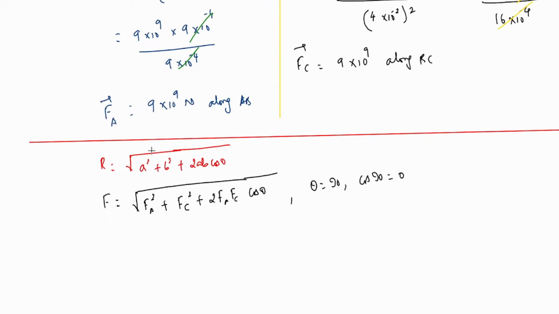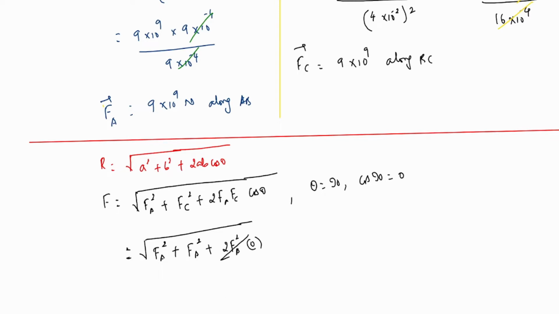And also recall that the values of FA and FC are the same in magnitude. So you can write this as any one value. So that's equal to FA whole square, again FA because FC and FA are the same magnitude, plus 2 into FA whole square into 0 because cos 90 is 0.